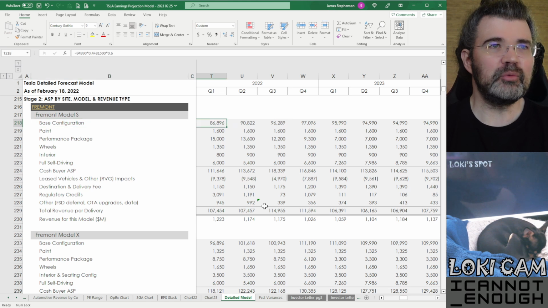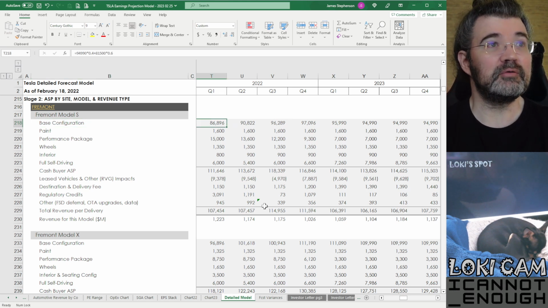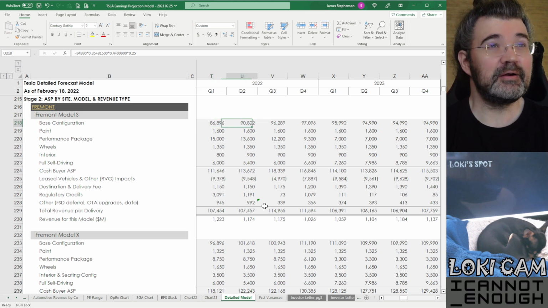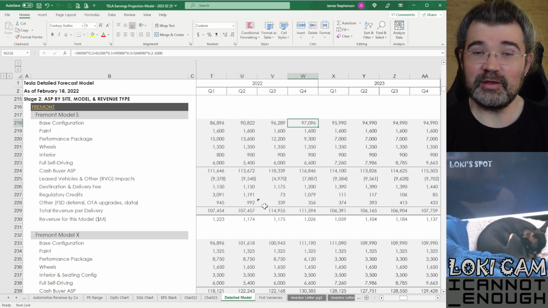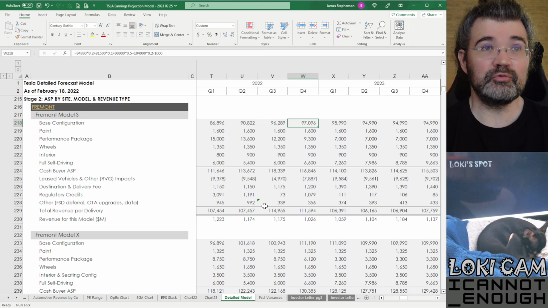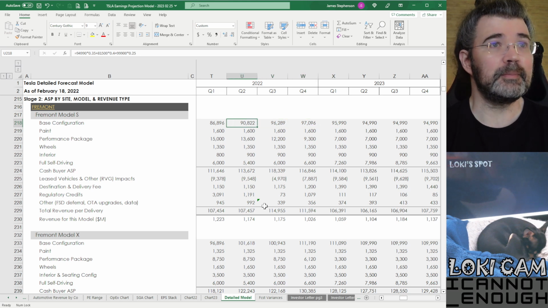And in 2022, we saw this number rise from about 87 grand to begin the year, past 90, past 96 to 97 as Tesla was raising prices on the Model S throughout most of the year. And you can see my calculations in here for figuring out what the mix is.